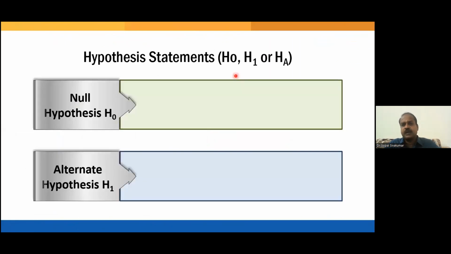All right. Whenever during the analysis a claim is made, the claim can be categorized into two statements: either null statement or alternate statement. You can also call them null hypothesis or alternate hypothesis. Imagine somebody is asking my opinion on all the students attending this particular batch.